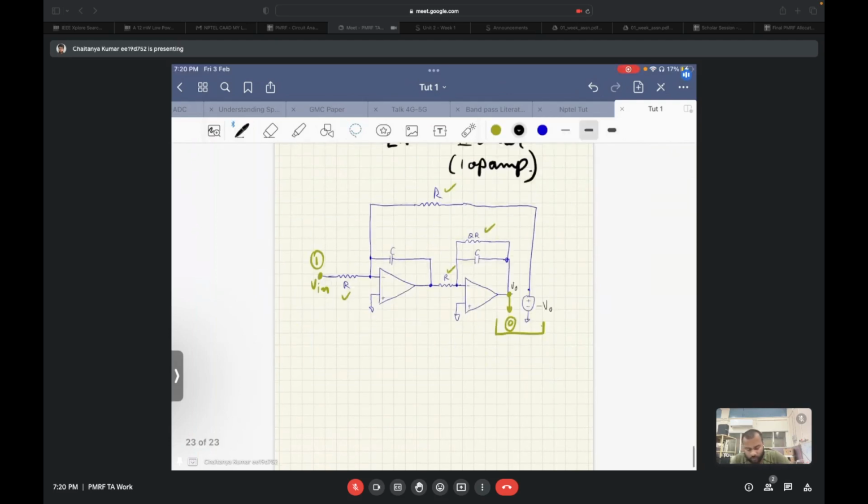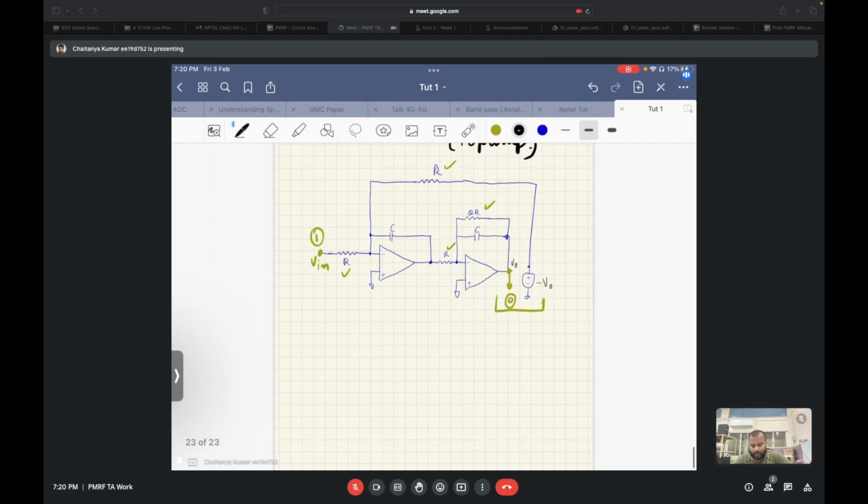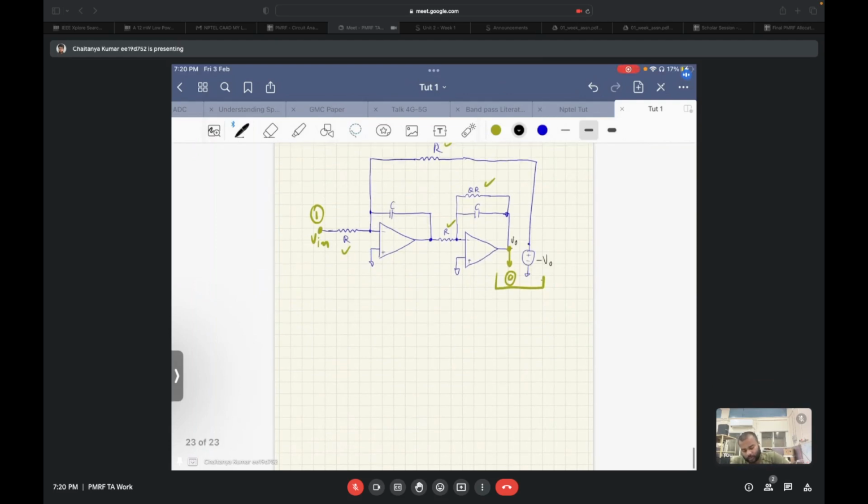So we had this. What we need basically are two poles. How can we get two poles? Let's say we try to build a first order LPF. In a first order LPF, we have a capacitor over here, a resistor like this.